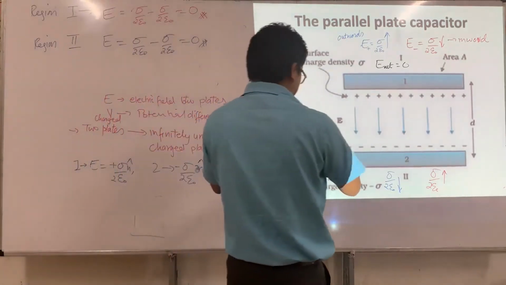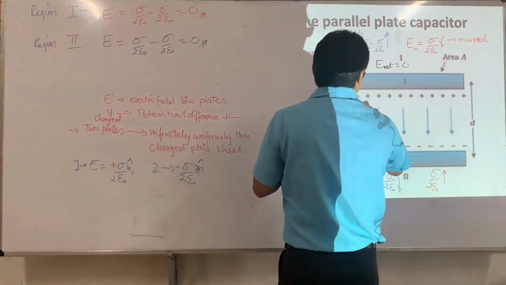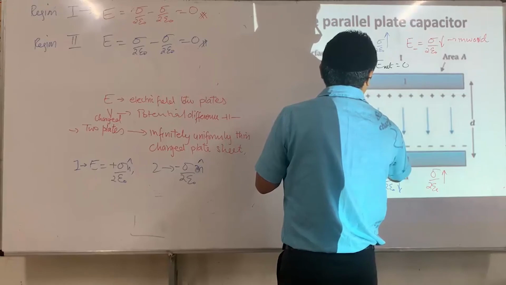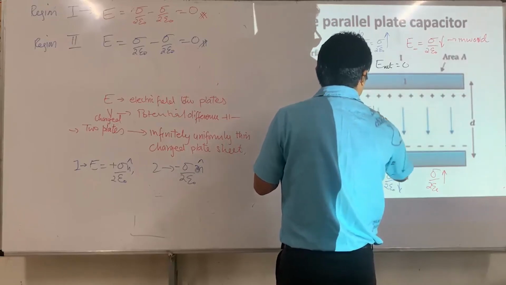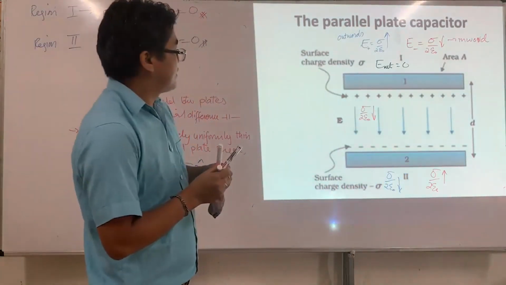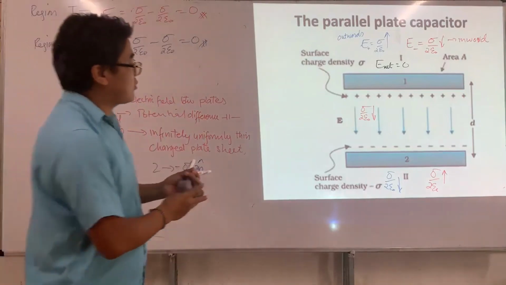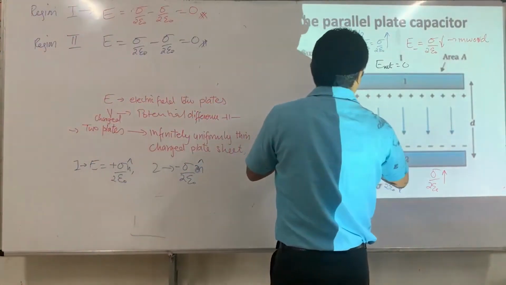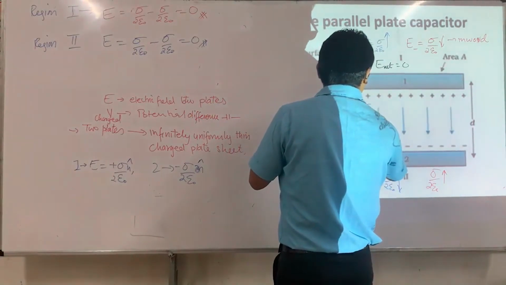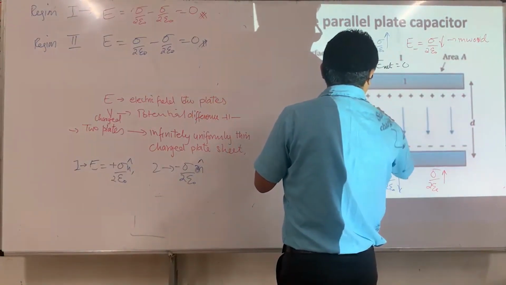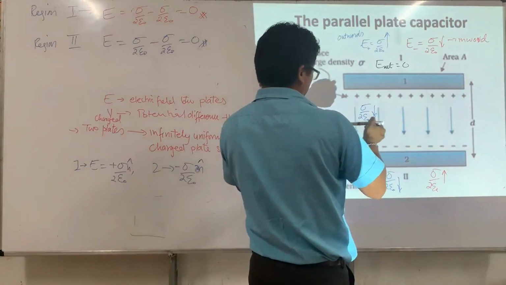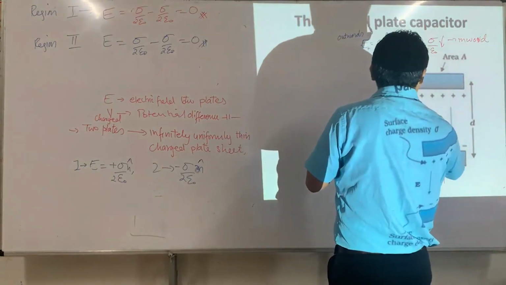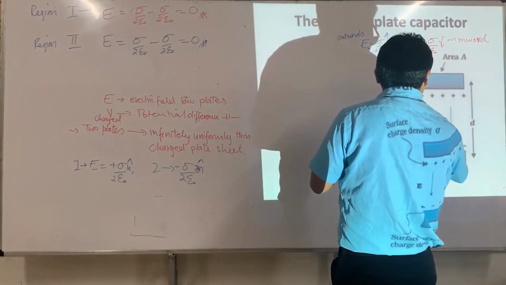Now, what about the third region? This is the third region. This is sigma divided by 2 epsilon naught, outward. And again, I use the blue pen: sigma by 2 epsilon naught outward, sigma by 2 epsilon naught inward.